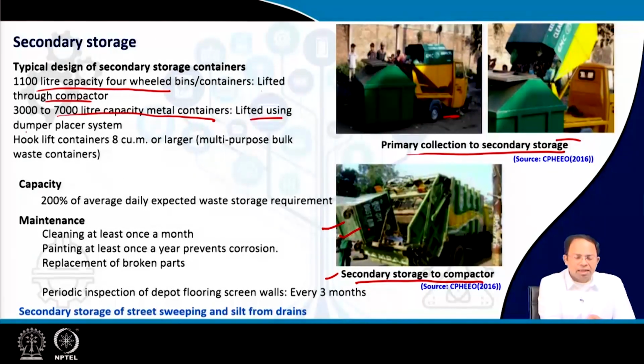These are lifted using a dumper placer system, like in the earlier container that we showed, where we fit hooks and chains, or we can use a lifting mechanism attached to the truck and lift that container. Sometimes there is even a hook lift container of 8 cubic meter or larger, which are multi-purpose bulk waste containers that can be lifted using the hook lift mechanism.